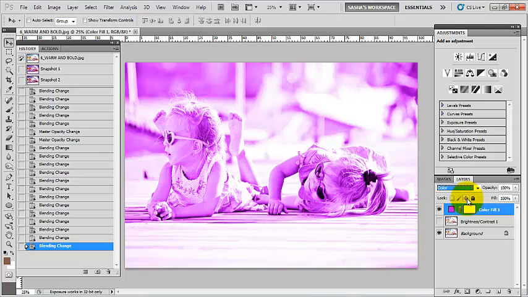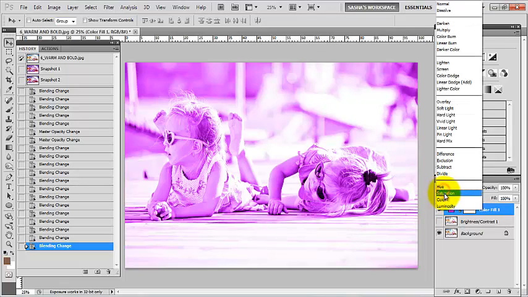Then we have Color. Now everything in the photo is going to be this color. It's similar to Hue, except it's a little bit more flat because everything is this color and this color only. For the most part, you can see that we've got lighter and darker variations of it, but for the most part, everything looks very, very purple.